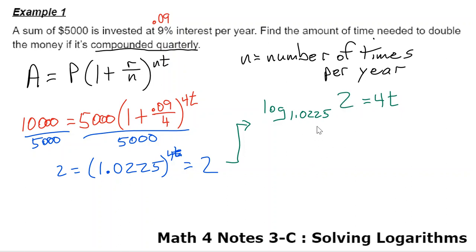And so this we can rewrite as log 2 over log 1.0225, changing it from a log of base 1 point yada yada to base 10 in both cases. And I'm going to come up with something for that out of my calculator.